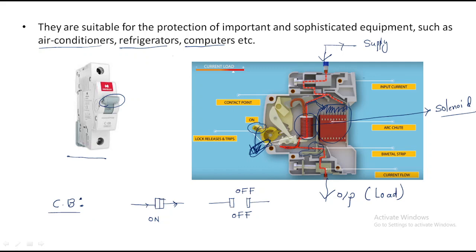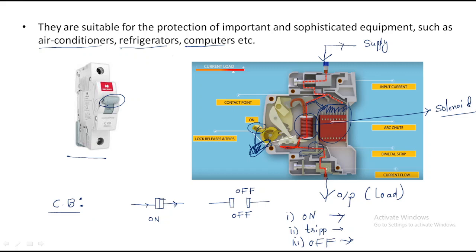It will operate in three modes. First mode, it is generally on, contact completed. Second mode, it will be tripping mode. Trip means downwards. Third mode, off switch. As per our requirement, we can switch it off directly. If you want to see the operation clearly, you will find more videos on YouTube when you search for the MCB.